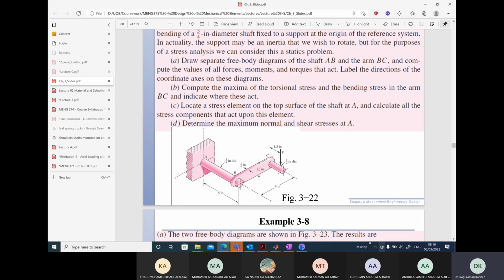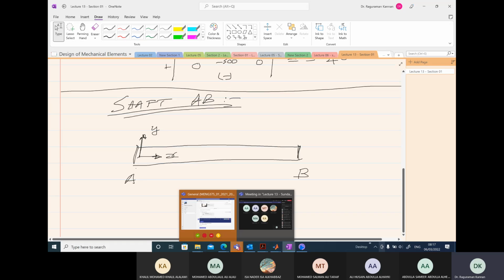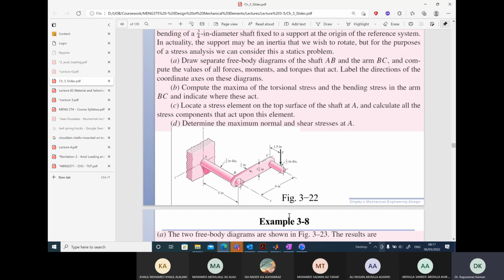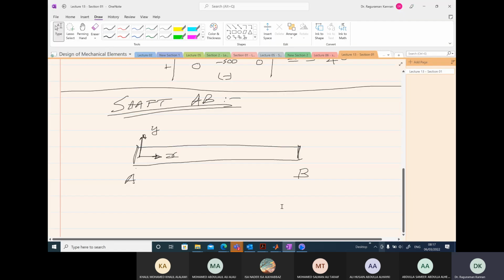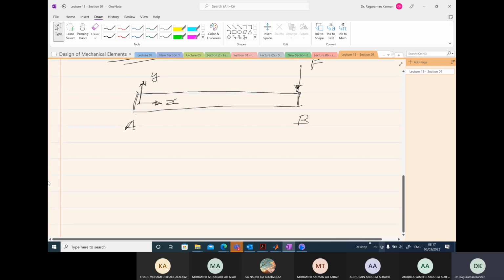X, Y, and then we have the Z direction coming out of the board. So now we can think of the force F acting at the point B. The same force F is acting at point B as well. But for finding the moments, here we have to use R cross F. You have to replace the force with the force and moments at point B.